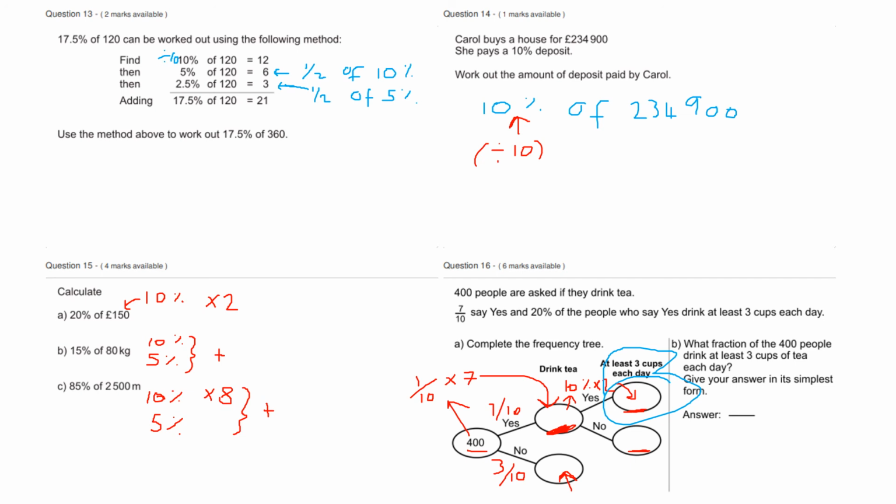So it's going to be that blue answer out of the 400 people. So it's going to be this one here. But it says to give your answer in its simplest form, so you then need to simplify that fraction down. And that's it.